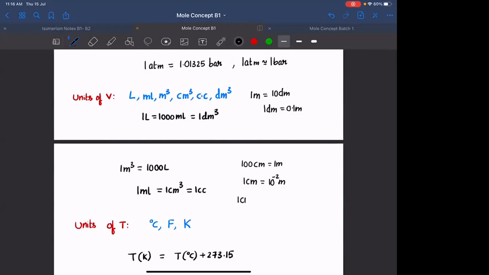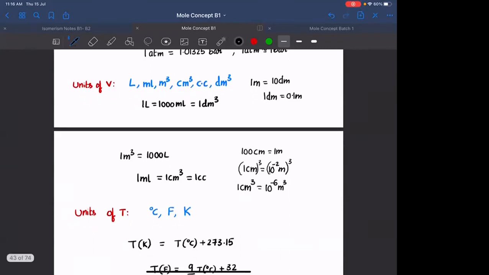So cube both sides. 1 centimeter cube will become 10 raised to minus 6 meter cube. ये कैसे आया? By cubing both sides. इसको भी क्यूब किया, इसको भी क्यूब किया. Is that clear? और 1 मीटर क्यूब क्या आया आपको? 10 power 6 centimeter cube.